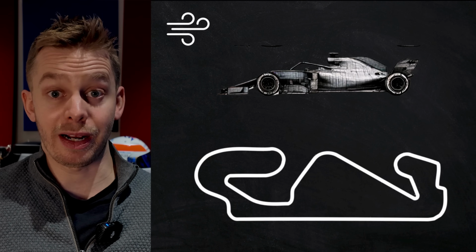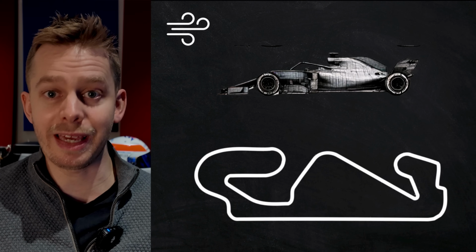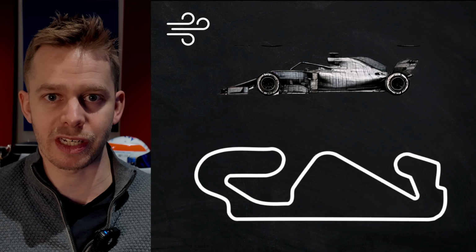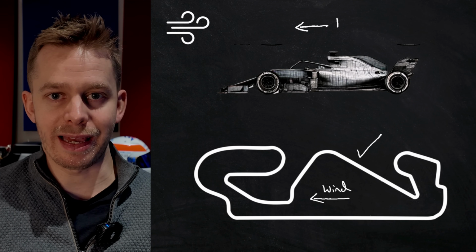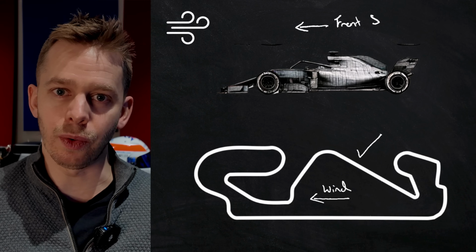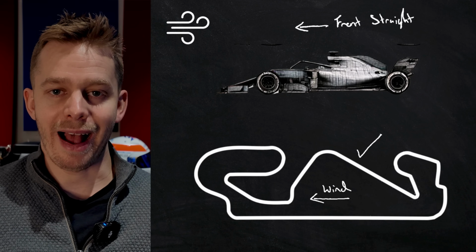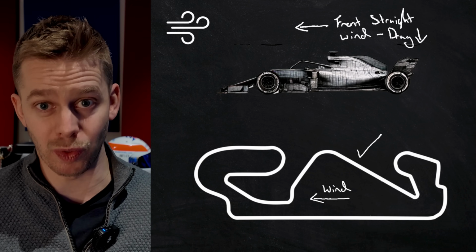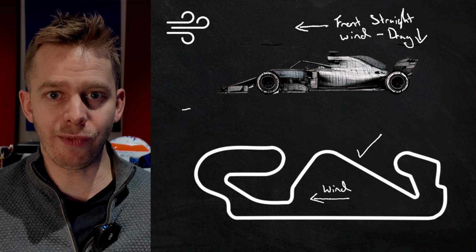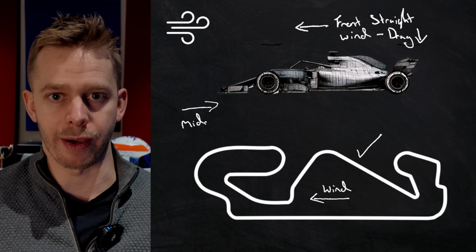So let's take, for example, a racetrack like Barcelona, which is a key test track for various major series. If you have the wind heading in the direction of a tailwind down the front straight, and then a headwind on the curves back towards that front straight, in general that will make the whole circuit quicker.